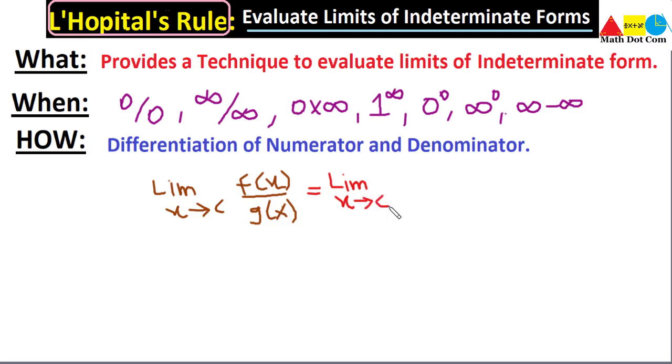It could be 0, infinity, or whatever, depending on the function given. We write f dash of x divided by g dash of x. It means you take the differentiation of the numerator as well as the denominator. After taking the differentiation, you just need to put back the value of x. Then you will not get that indeterminate form and your problem will be solved. This is how you can apply L'Hopital's rule.